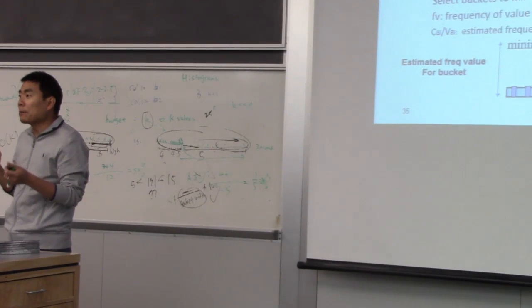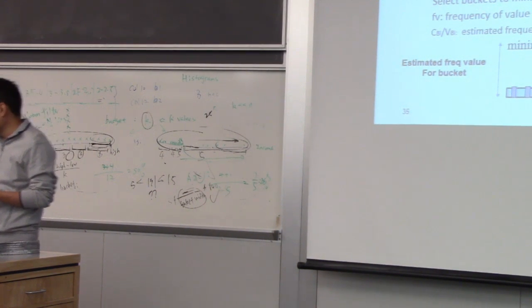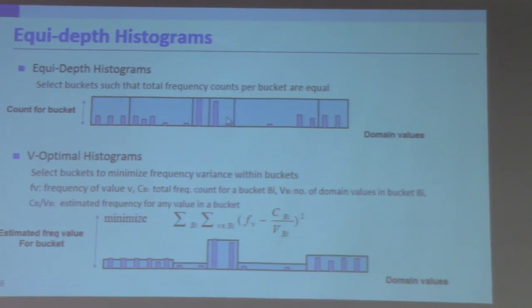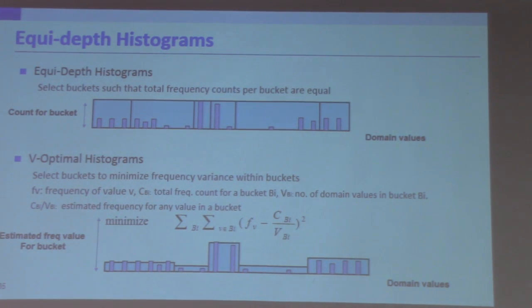Even for an equal depth bucket, this may still introduce huge bias. Consider, for example, this bucket as an example. What will happen? Let me zoom into this bucket and illustrate the problem. The problem is actually as follows.